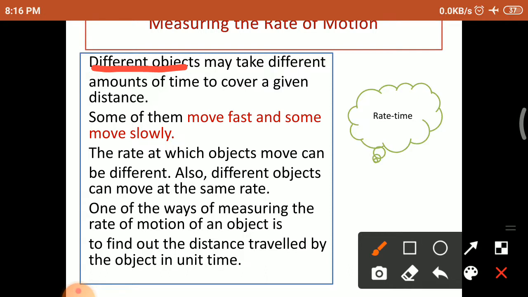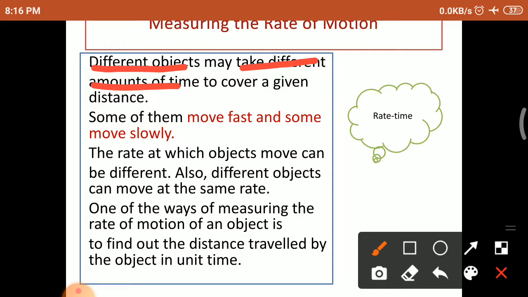These are the two different objects. They take a different amount of time to cover a given distance because, compared to the car, the speed of the cycle is less.